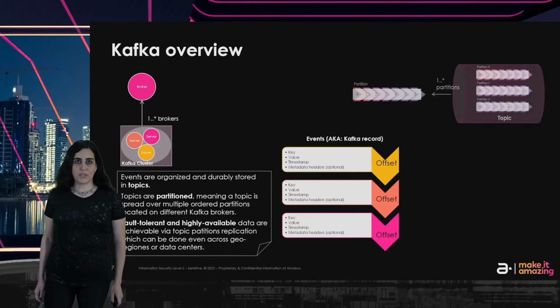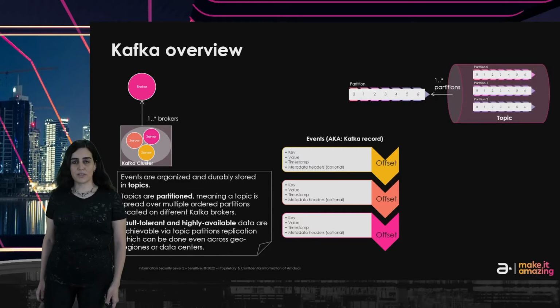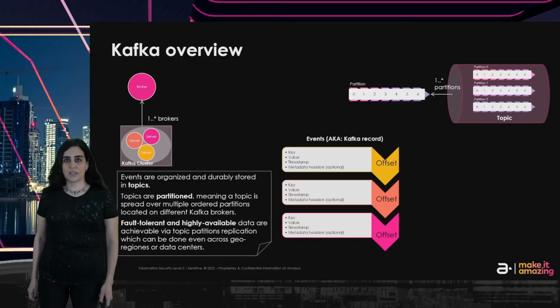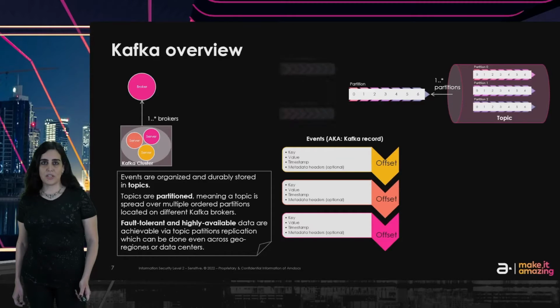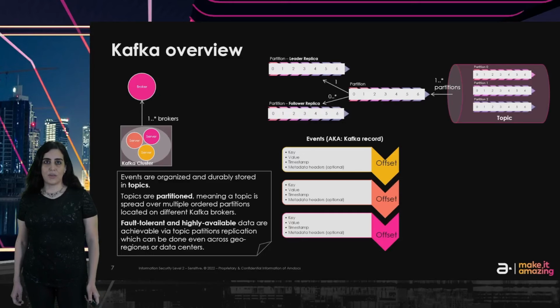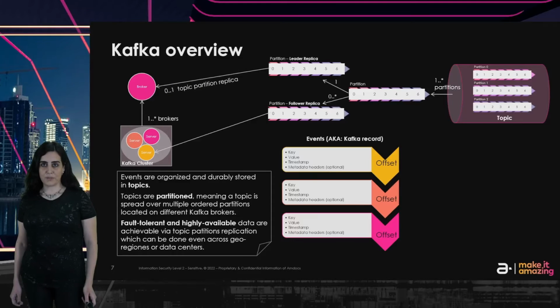If we look at the topic, we'll see that it has one or more partitions that can also be in different data centers, because we have different replicas on different brokers. Each partition has a leader replica and optional follower replicas, and each replica exists on a different broker.